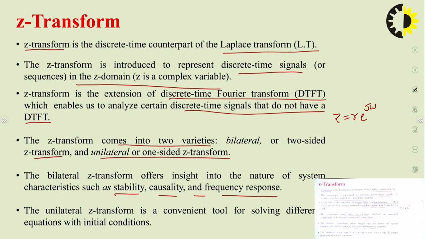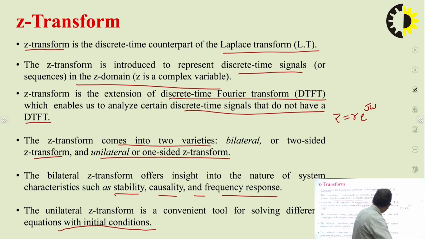Similarly, the unilateral Laplace transform is a convenient tool for solving differential equations with initial conditions, which means it can be applied over a difference equation to obtain the transfer function of the system.